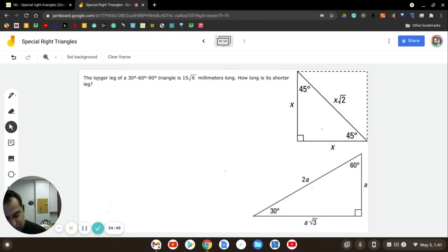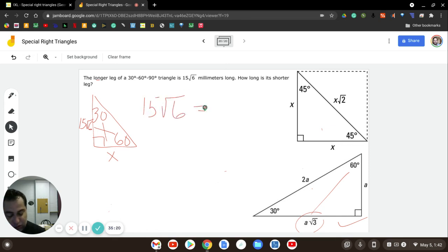So we know we're dealing with this triangle here. And I have 30, 60, 90. The longer leg, so that means the one opposite 60, is 15 square root of 6. How long is the shorter leg? Well, the shorter leg is opposite 30. So here we go. Opposite 60, I know is going to be a square root of 3. So I know 15 square root of 6 is going to be equal to a square root of 3.